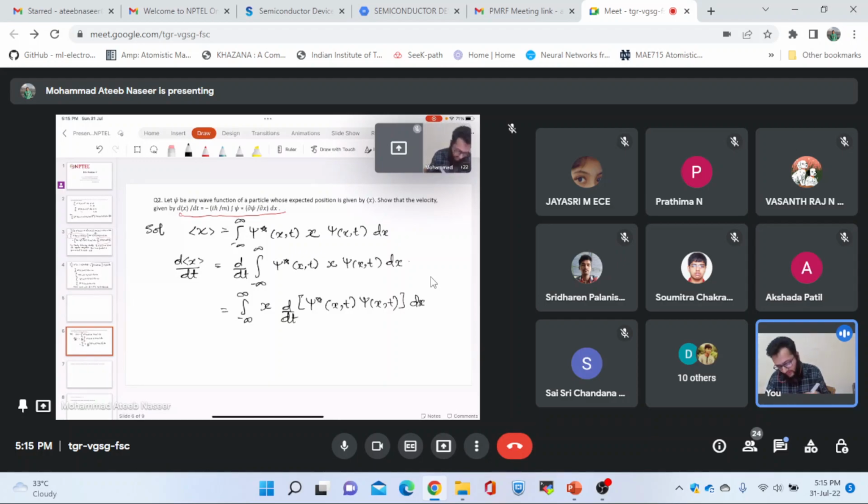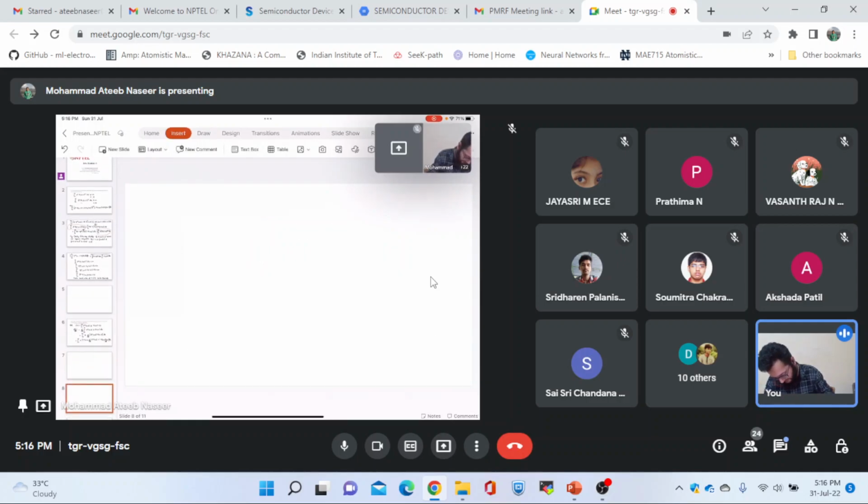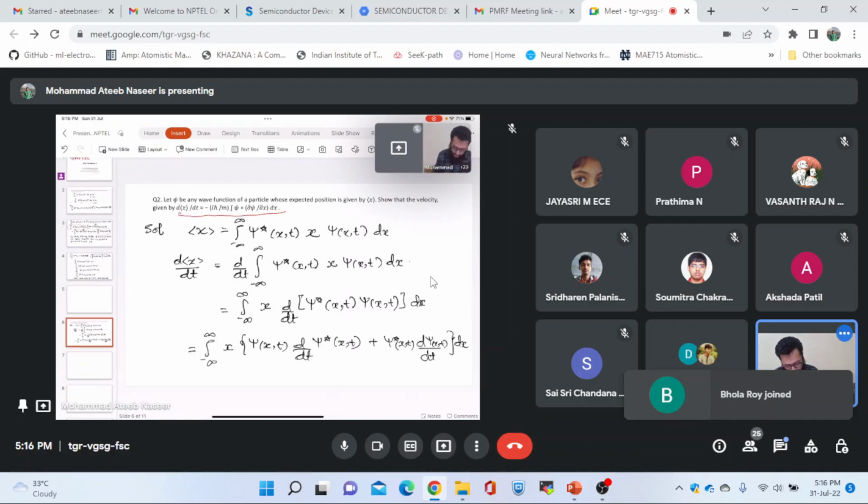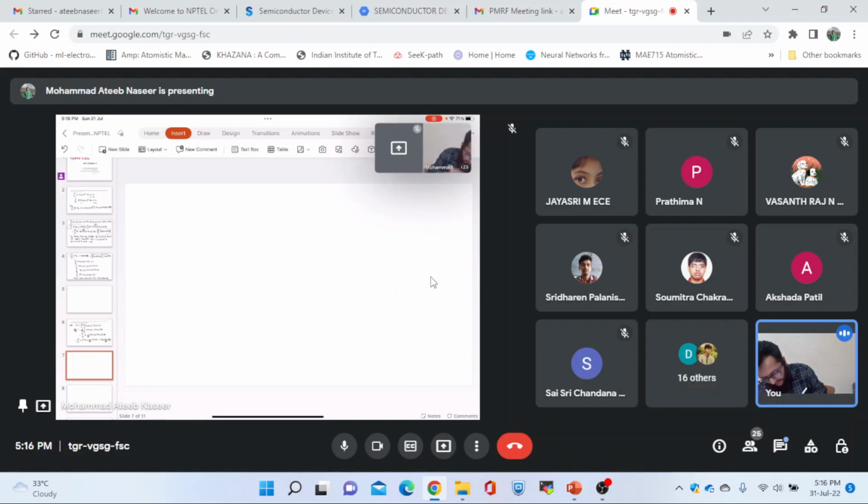Simply using the product rule here, it will be the integral from minus infinity to infinity of x times, psi of x comma t d by dt of psi star of x comma t, plus, let me put this in brackets, psi star of x comma t d psi of x comma t by dt, integrated over x space. So we have just used the product rule here, and we also know that if we use the time dependent Schrodinger equation, we can write it like this.